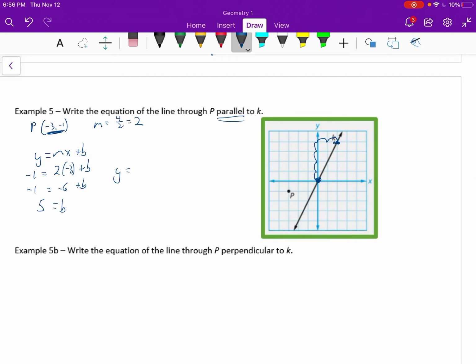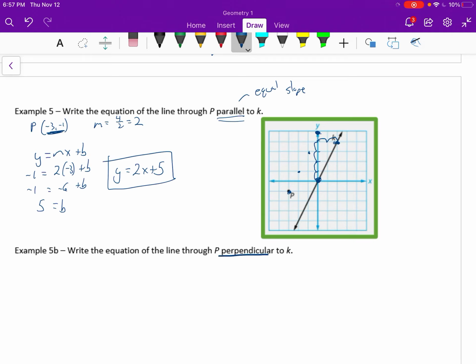So our equation would be y equals 2x plus 5, because parallel lines have equal slopes. Another thing we could have done is start at P and go up 2 over 1, up 2 over 1, up 2 over 1, and we see it would have crossed at 5. We have a y-intercept of 5, which verifies our answer.